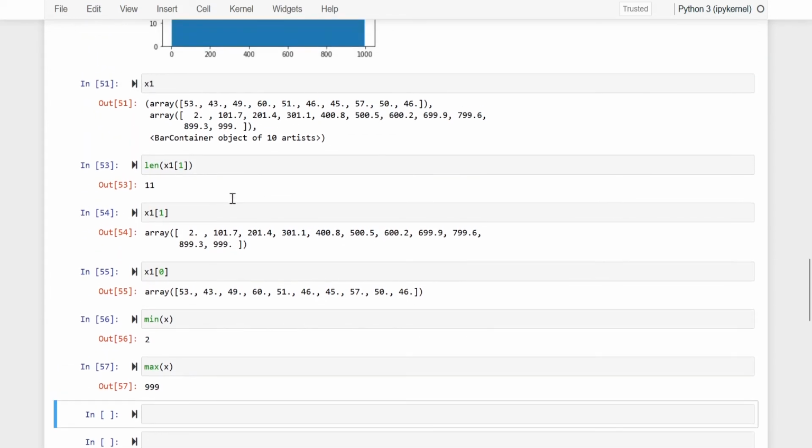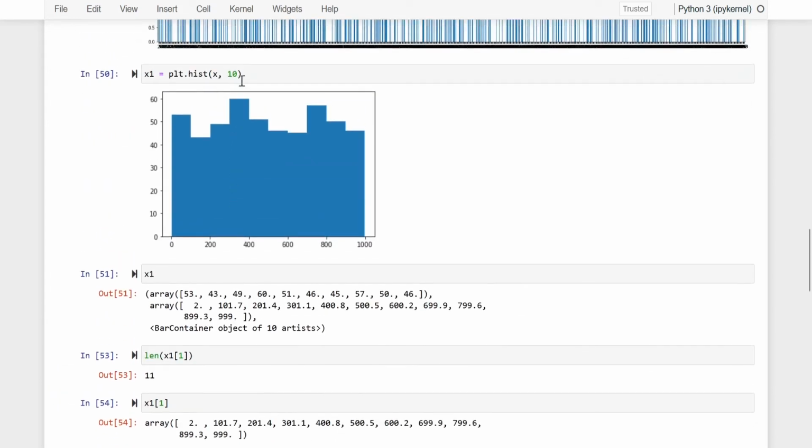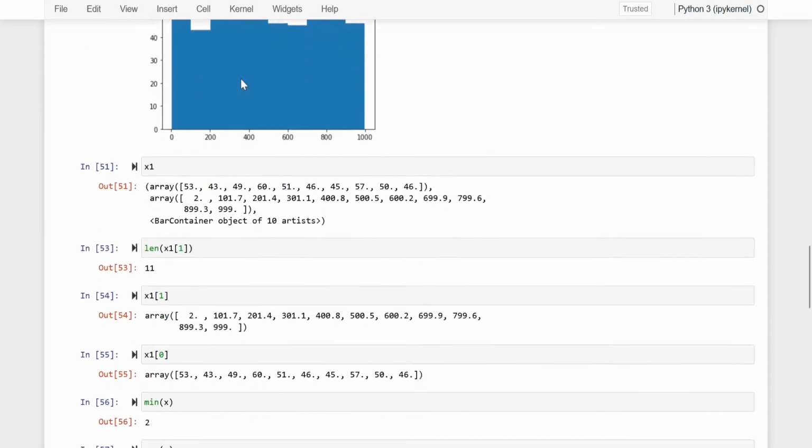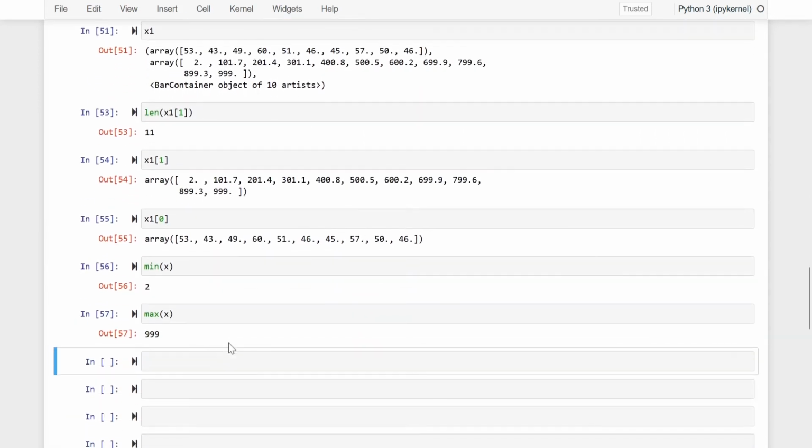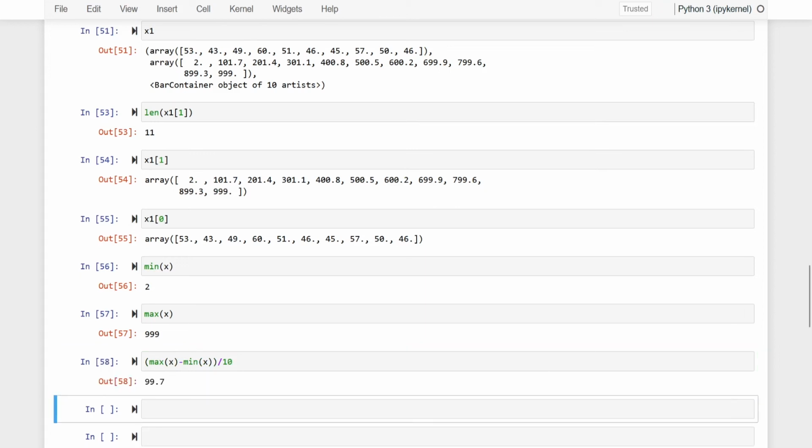See what we said, we need 10 buckets, we need 10 bins. So this is how it has been derived. Max x, that is 999, minus min x, divided by 10. 99.7.